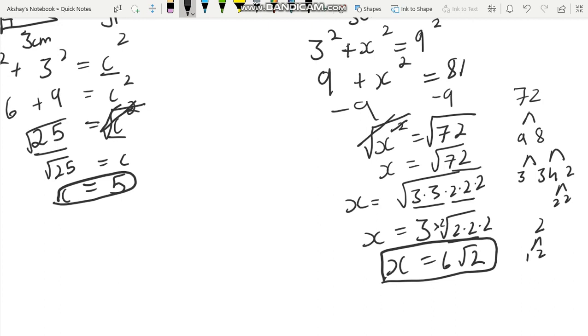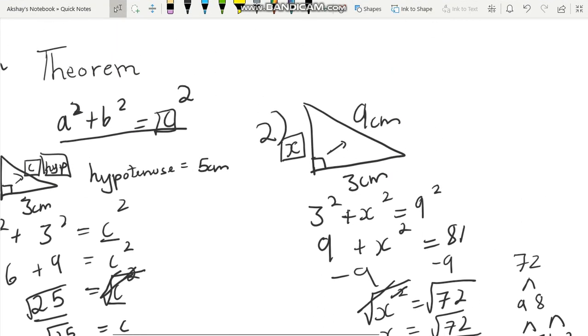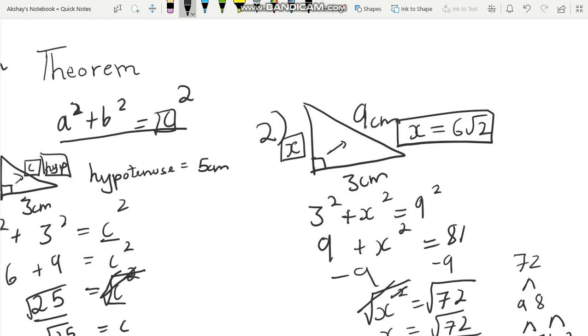There's no common factors, so that's pretty much it. And our 6 root 2 is actually our x, right? So we have successfully found x. The side x is equal to 6 root 2.